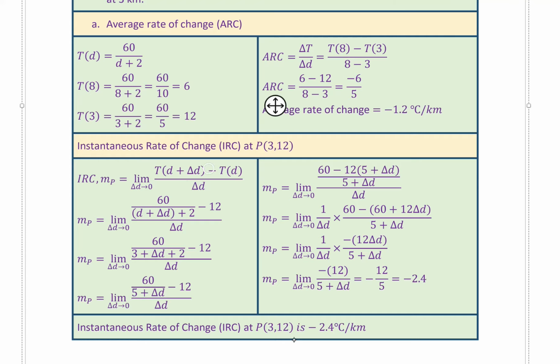When you write D plus delta D, it really means that in the basic formula, replace D with D plus delta D, right? So D plus delta D plus 2, and then you just work out as shown here, and work out all these steps, and you get your result, which is minus 2.4. So that becomes the instantaneous rate of change.